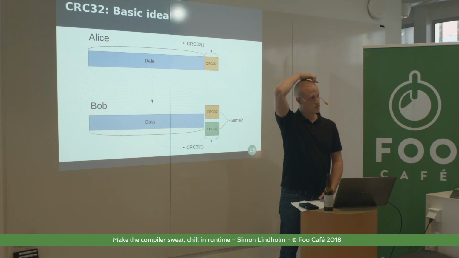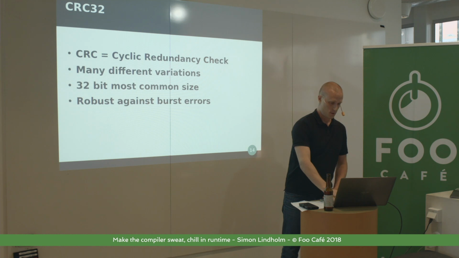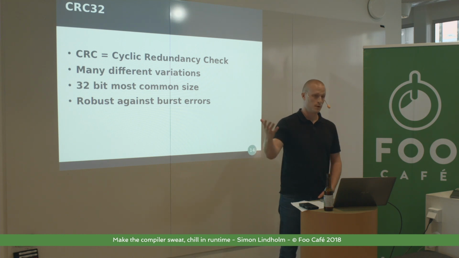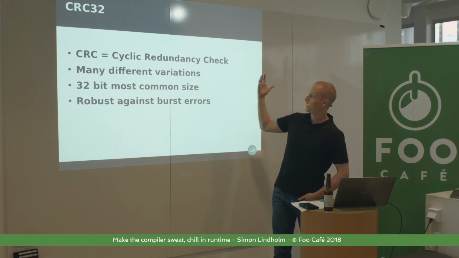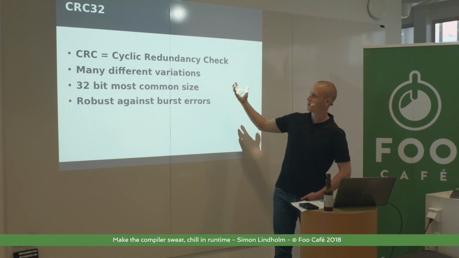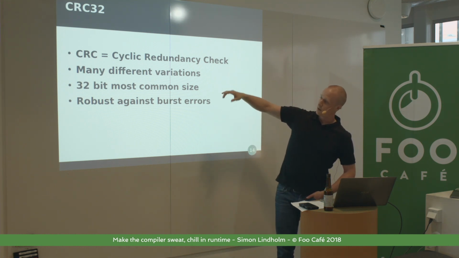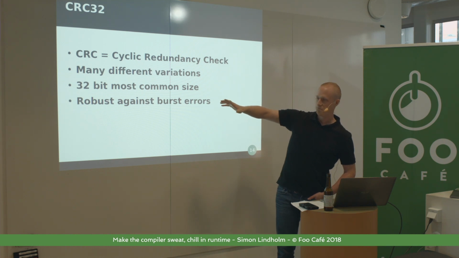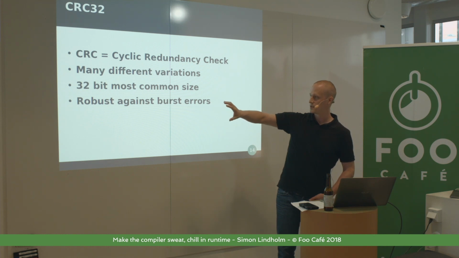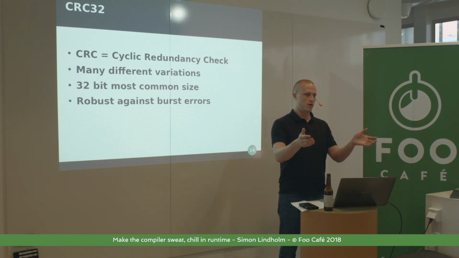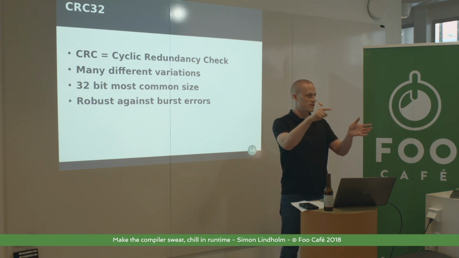There are a billion different checksum algorithms, and you can design them in all kinds of ways. CRC is useful for more low-level stuff, because one of its primary properties is that it's robust against burst errors, which are the typical electrical errors where you have lots of bit errors in a row.